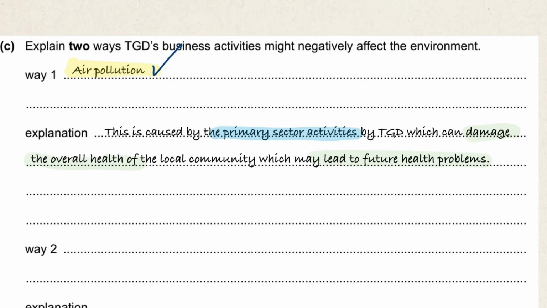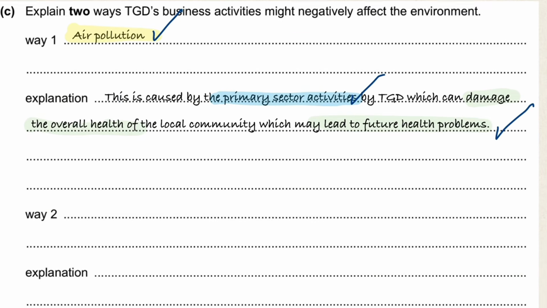As you can see here, highlighted in blue, primary sector activities, again, which is my application point. And the analysis is the direct impact of air pollution, and in this case, which is to damage the overall health of the community, which will lead to future health problems. Remember, the important part is the direct impact.